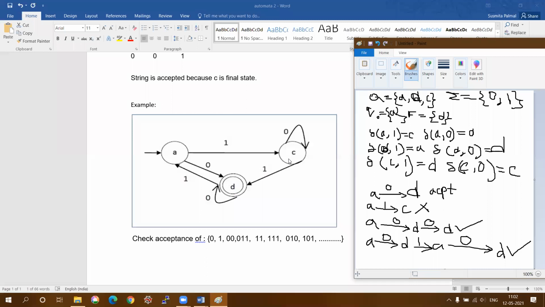Now, I think you have observed one thing: for each individual symbol, there is only one move from one state to another. You cannot see more than one movement using input 1 from state A. For example, consider state A here, using symbol 0, the transition is going from A to D.